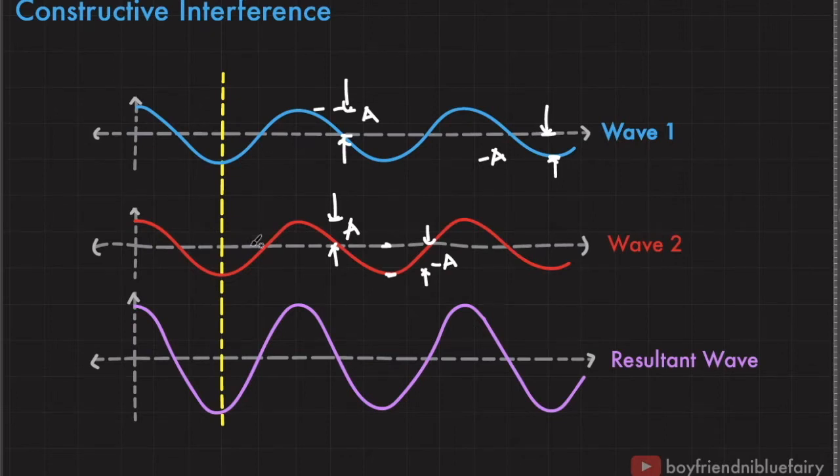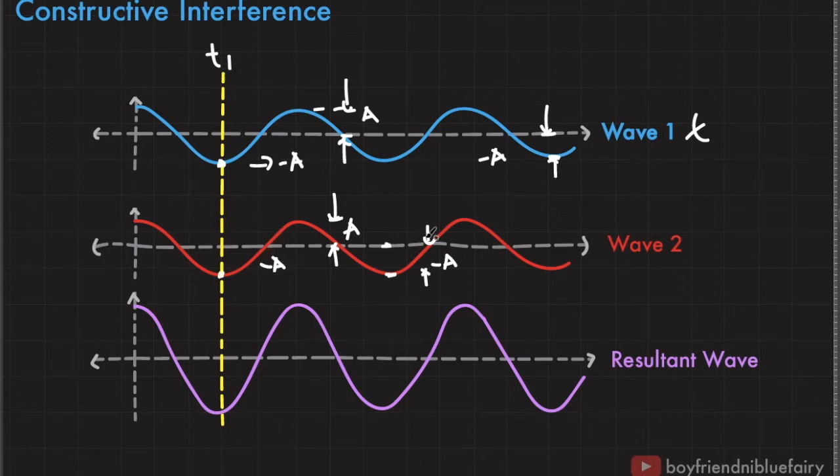So if we focus our attention at a particular point in time, for example, let's represent this as t sub 1. At t sub 1, wave 1 has a value of negative A. So at this point, this is actually negative A. And also wave 2 has a value of negative A at time t sub 1.